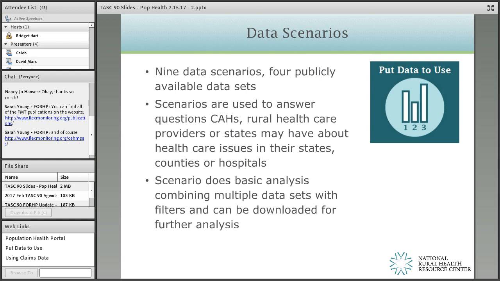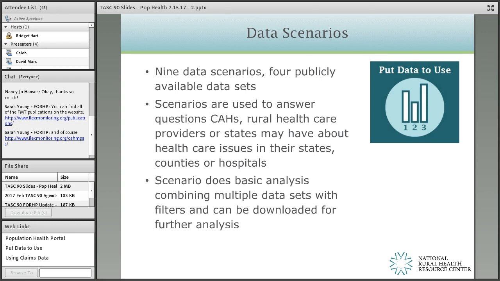The data scenarios were created, and there are 9 scenarios and 4 publicly available data sets. They include Hospital Compare, Dartmouth Atlas, which looks at Medicare spending, community health status indicators, including the County Health Rankings, and U.S. Census data.